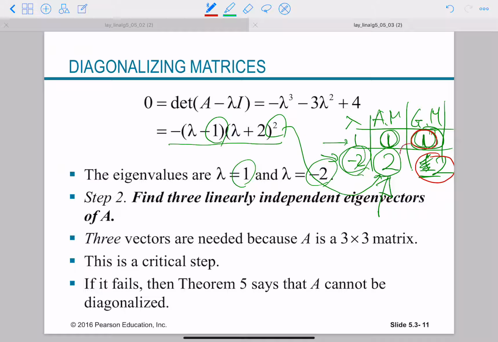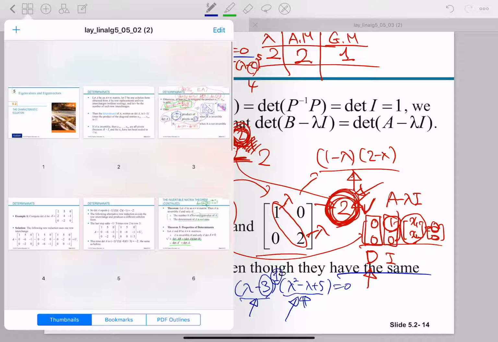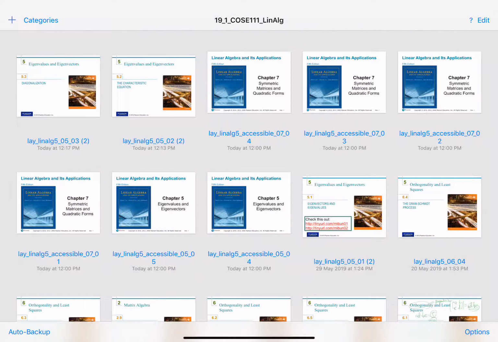And then we know that the eigenvectors between these two eigenspaces of distinct or different eigenvalues will always be linearly independent, right? So that was a quite important theorem that we studied.